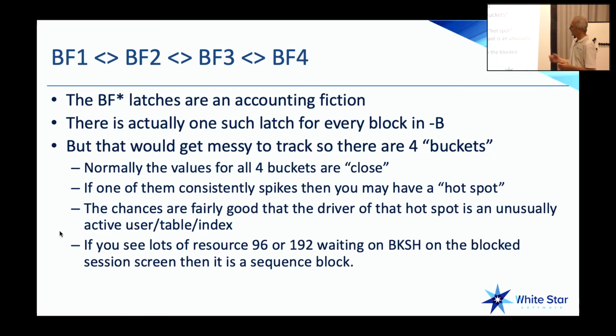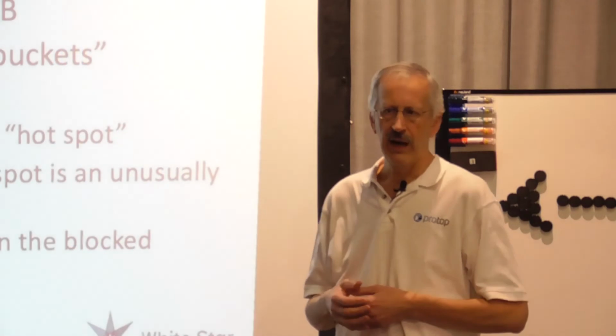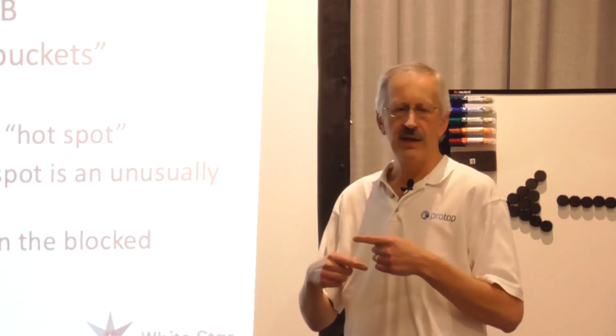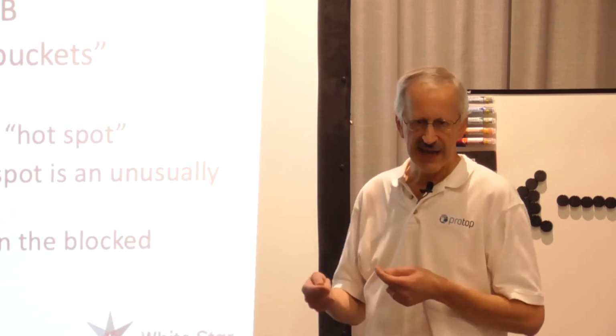We talked a little bit about BF1234. Like I said, they're an accounting fiction. There's basically 4 buckets, so think of it as modulo 4 of whatever the block number is. And the chances are pretty good, if you've got some contention on this, that it is because you have a highly active small table. And the easy way to find that is to look for the tables that are being read at a high ratio to the size of the table.